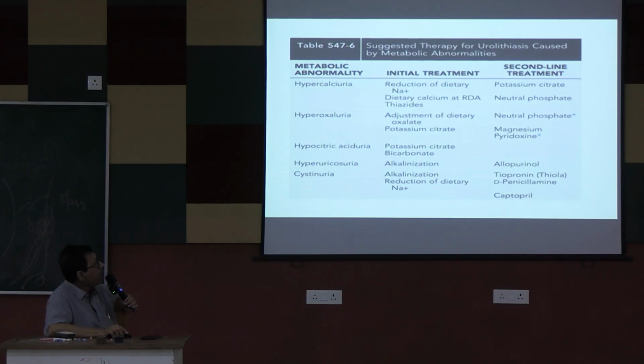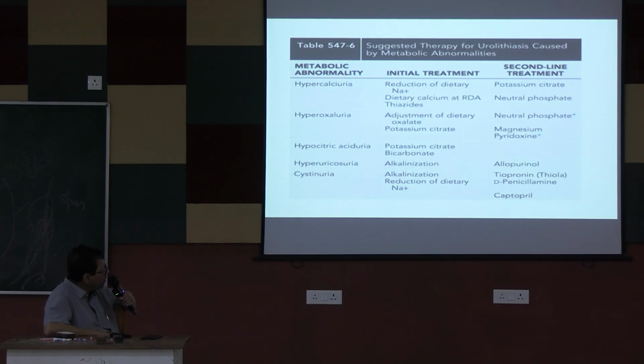What therapy is recommended for the metabolically positive patient? As I have said, by metabolic evaluation, if we find out any cause for the creation of the stone, the causes are mainly hypercalciuria, that is more expulsion of calcium in the urine. Next is hyperoxaluria, that is more expulsion of oxalate in the urine.